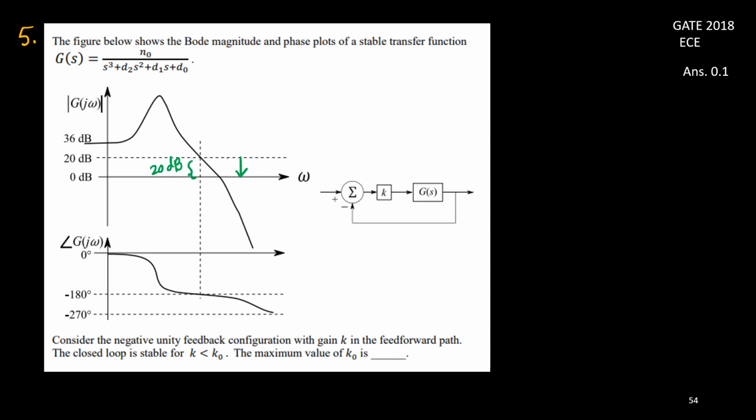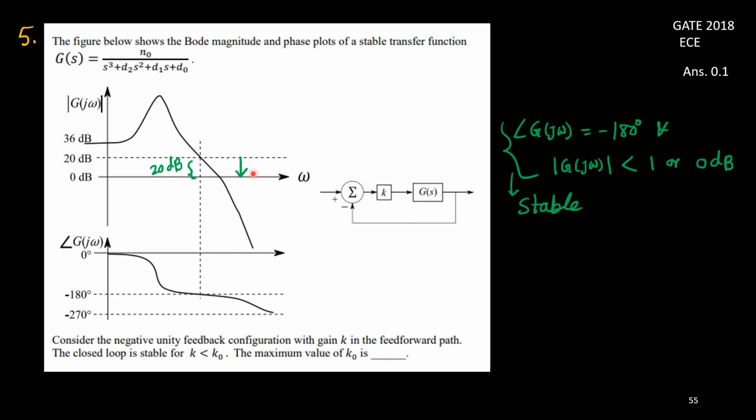Now, when angle is minus 180 degree at a certain frequency, that is called the phase crossover frequency, and at that time the absolute value of gain should be less than 1 or less than 0 dB, then only the system is stable. Okay, so at phase crossover frequency, if actual gain is less than 1 or some negative dB, then only it is stable.